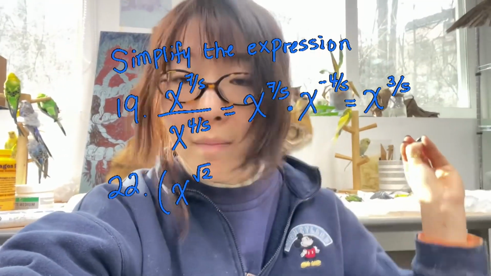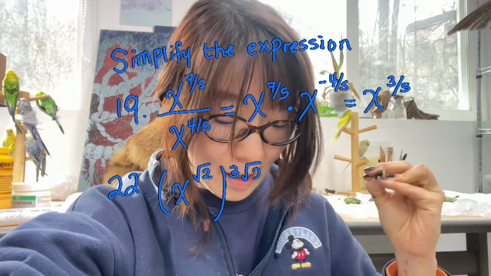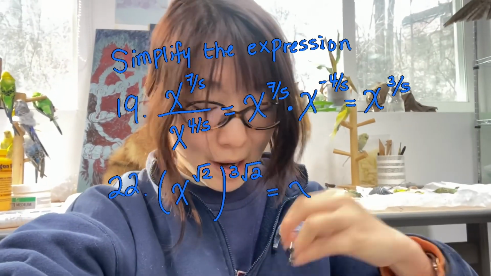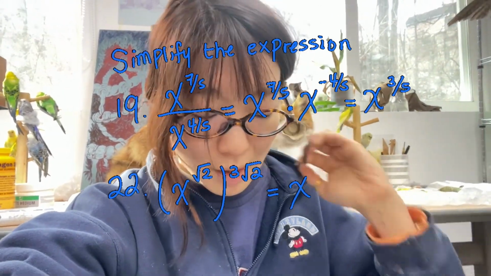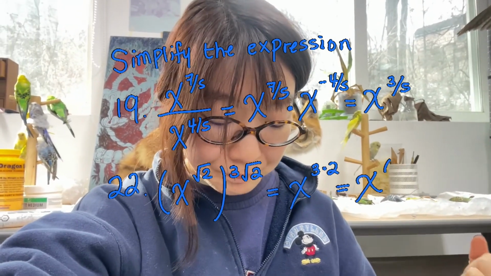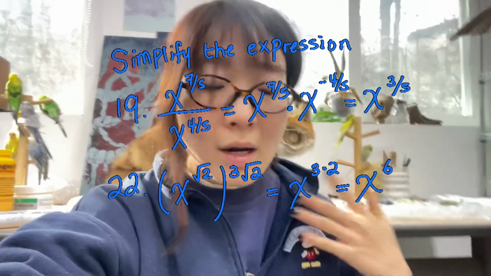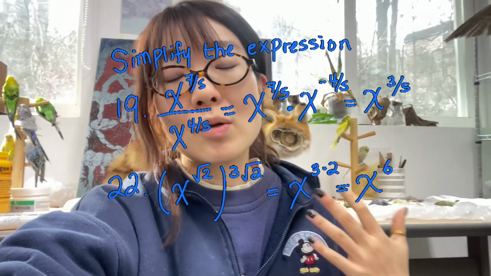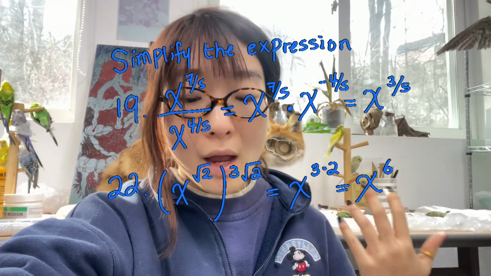And lastly, number 22, I have x raised to the power of square root of 2, that's again raised to 3 times square root of 2. So this can be simplified to x raised to the power of 3 times 2, because we would multiply square root of 2 and square root of 2. So we would just get x raised to the power of 6. And that's it. Simple.